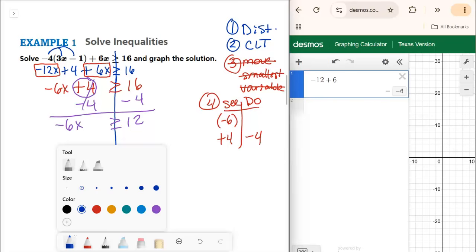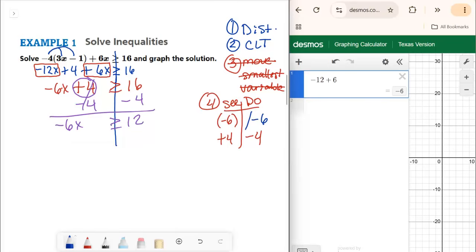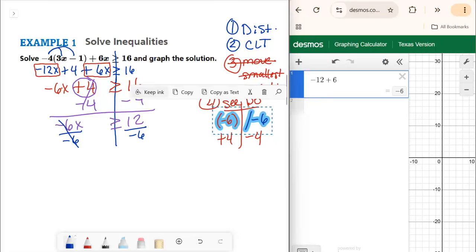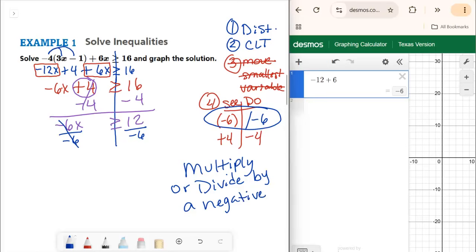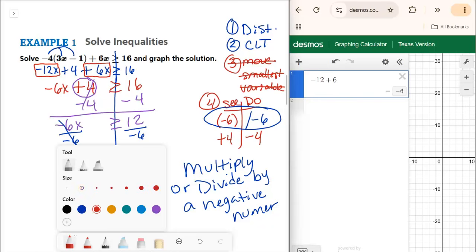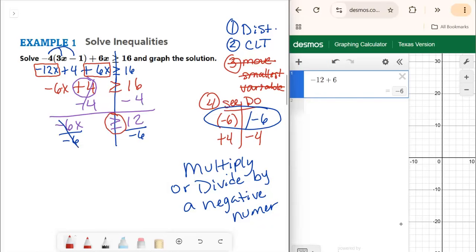And the last step is to divide by a negative 6. Divide by negative 6, divide by negative 6, so that the negative 6 cancels. When that happens, that is very important. When you multiply or divide by a negative number, the inequality sign right here is going to flip.